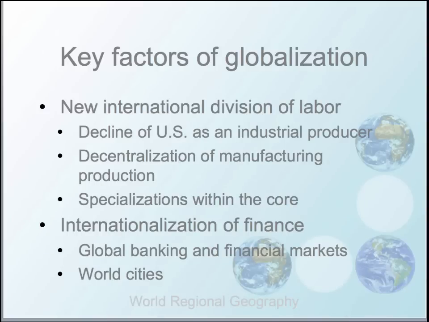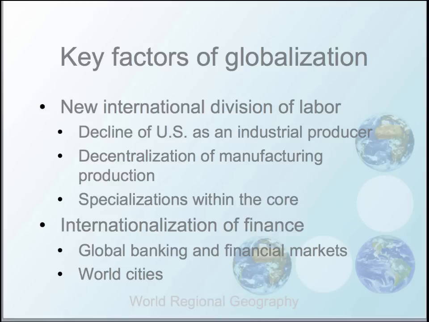This has led to a new international division of labor, which has seen a decline of the United States as an industrial producer, the decentralization of manufacturing and production globally, and specializations within the core, especially with industries such as finance, so-called quaternary industries, so finance, research, things like that.